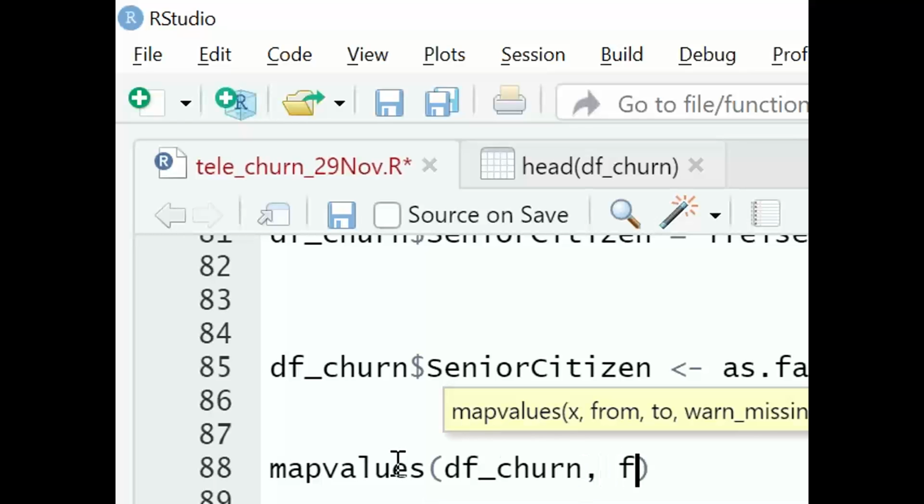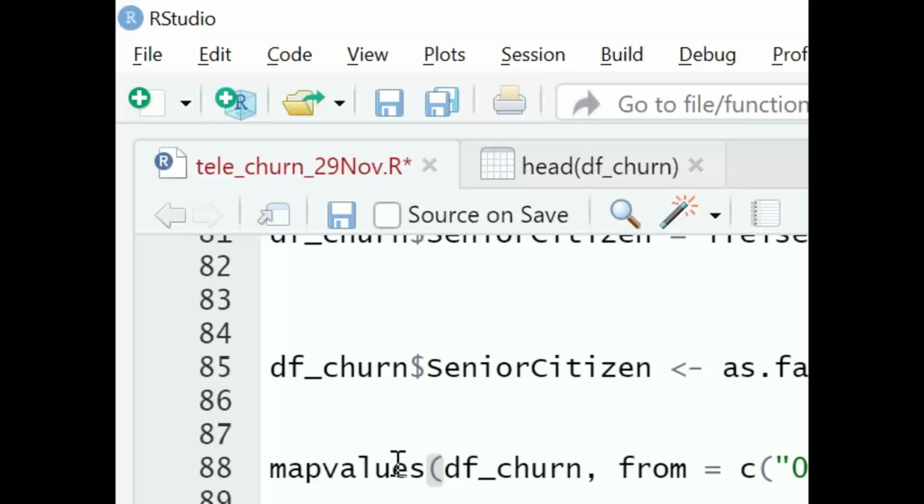Then you define what values you want to update. I want to update the 0 and 1, and you specify what values you want to update them into: into no and yes. We also have to write c. So this is how you write the mapvalues function.